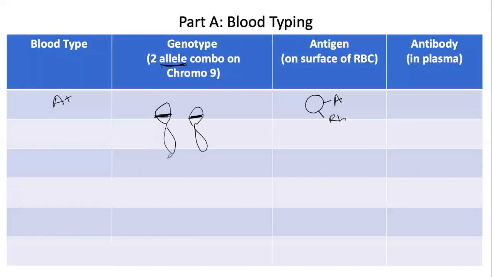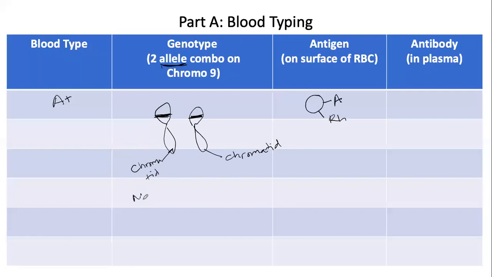This is chromosome number 9, but this is one of the pair. So this is called a chromatid, right? Sorry, guys. And this is a chromatid, right? Where did I get this chromatid from? I got this one from mom, right?